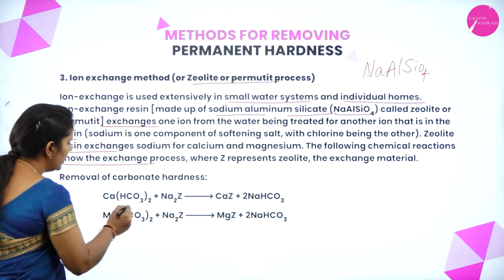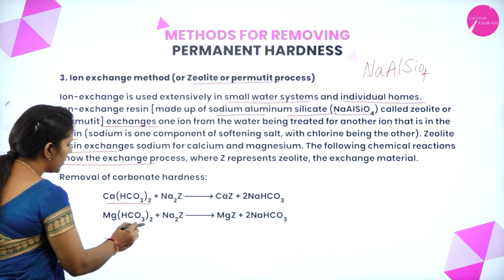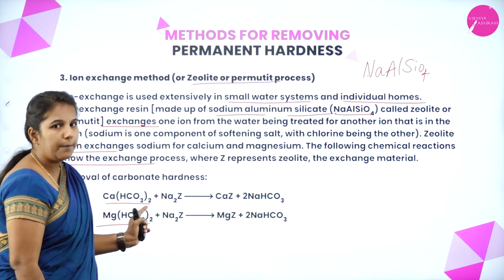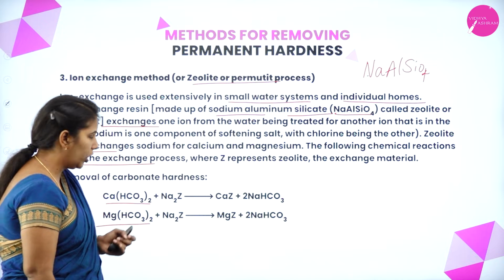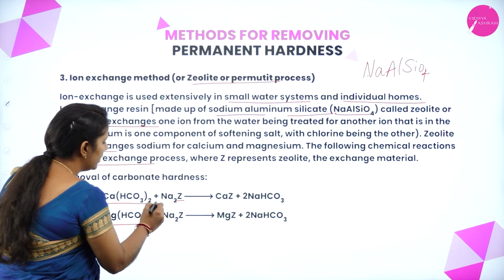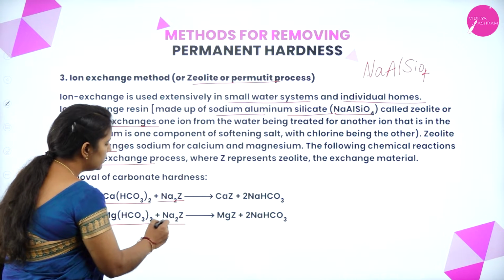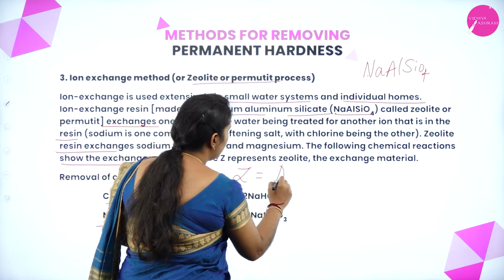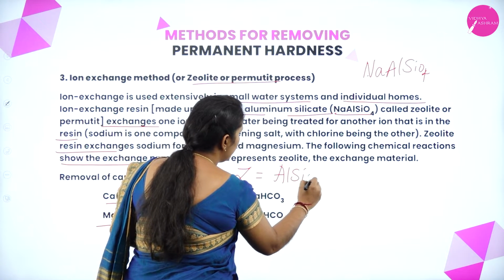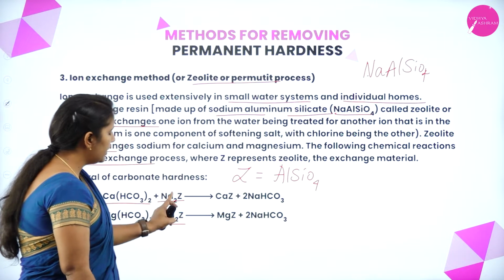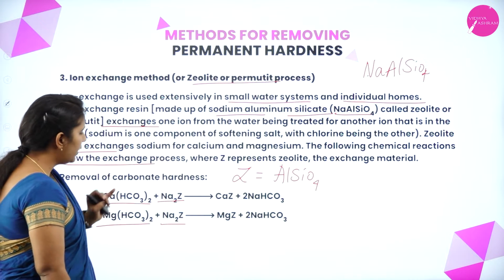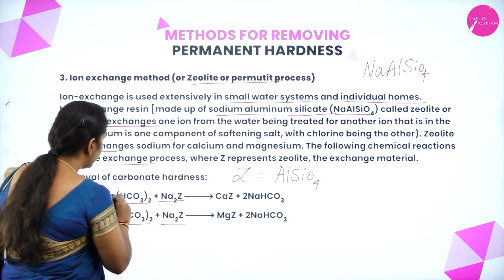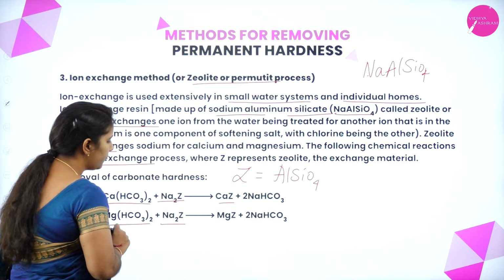You can see here the calcium bicarbonate and magnesium bicarbonate which are present in hard water when reacting with sodium zeolite. What does the Z stand for here? This Z stands for aluminium silicate. When it reacts with hard water, calcium zeolite will be formed.